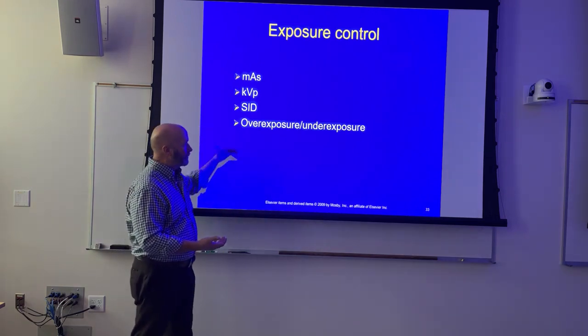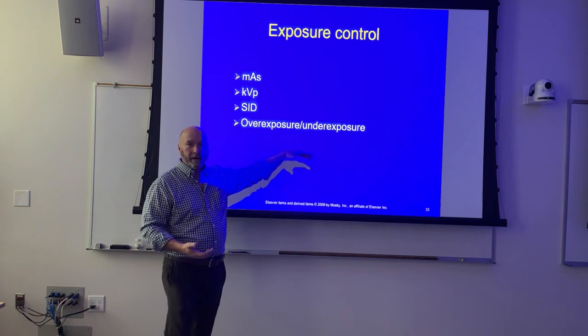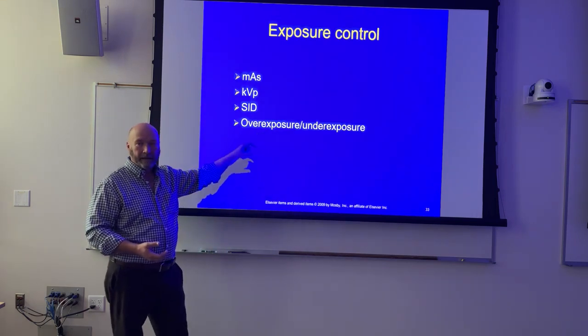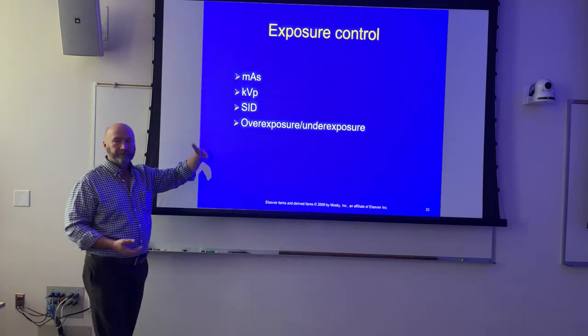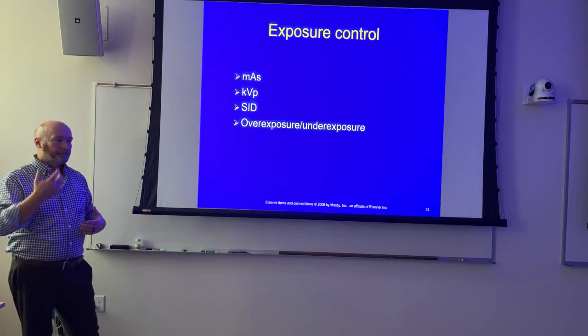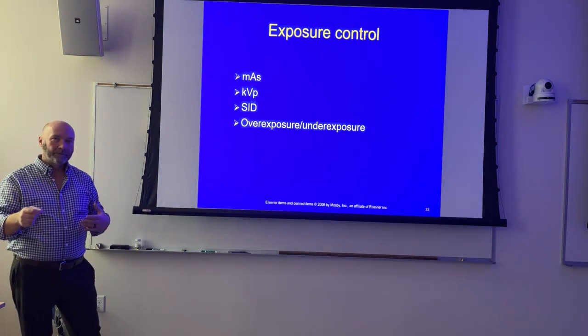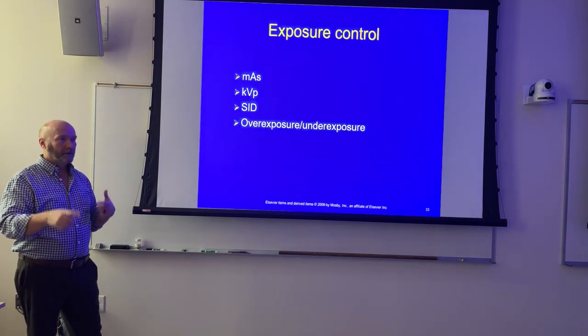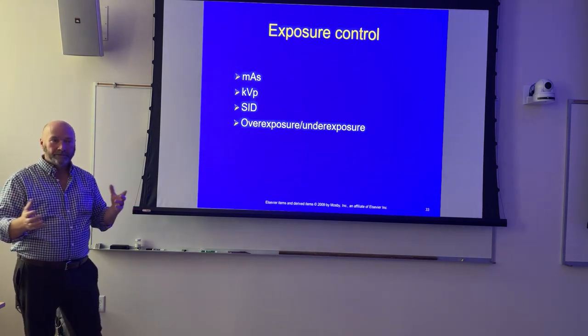And if you overexposed or underexposed by a little bit, it'll correct that. Right? That's a benefit of digital processing. It'll correct that. And in that, we have exposure latitude, right?